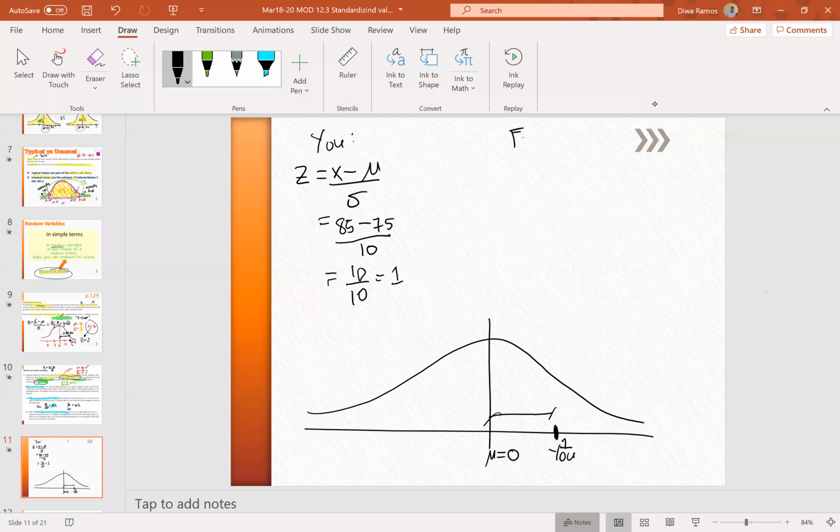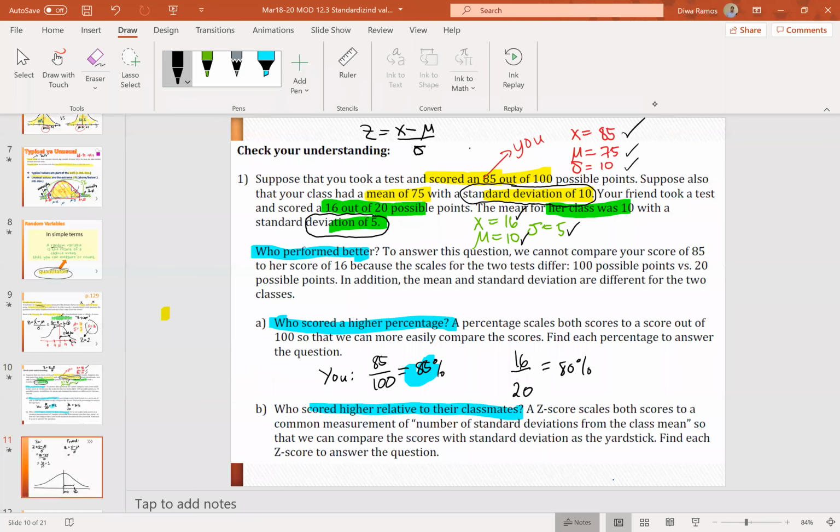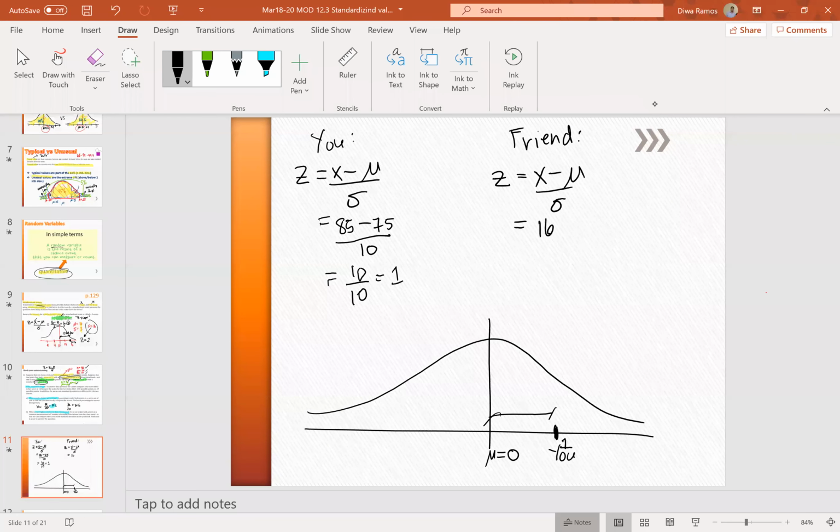Okay, so your friend, Z equals X minus mu over sigma. Your friend scored 16, if I'm not mistaken. So 16 minus 10 over 5. So 16 minus the mean over the standard deviation, which is 5.